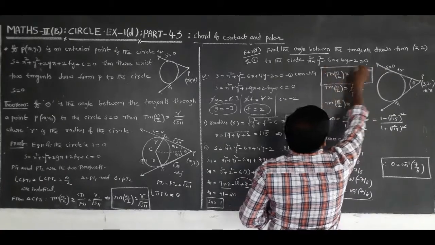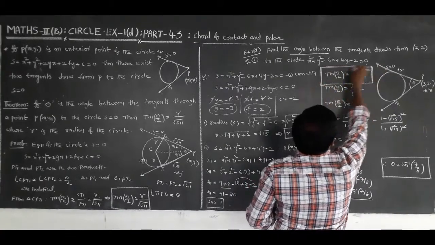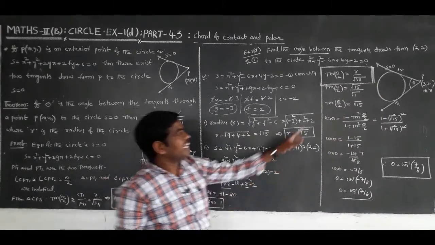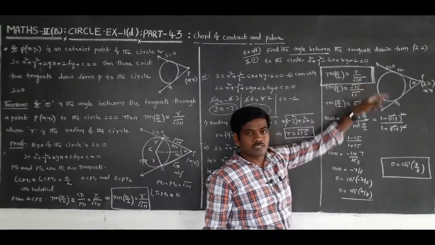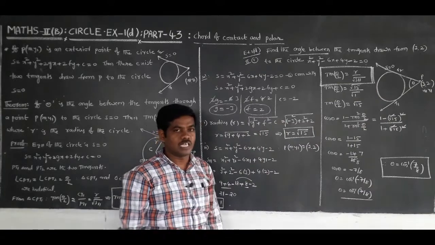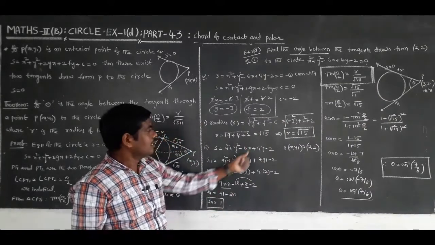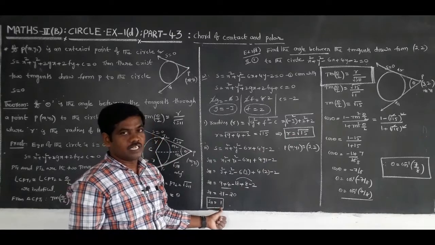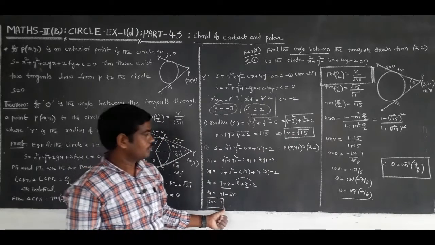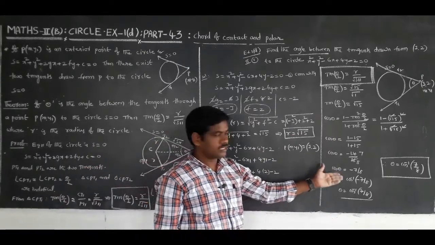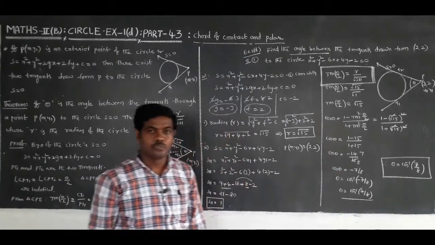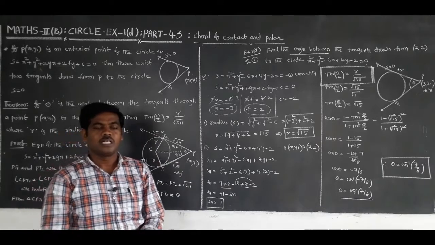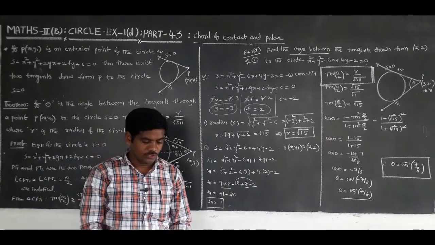Here R is the radius of the circle, and root S11 is the length of the tangent. Find the radius of the circle and find the length of the tangent. This is the angle between the two tangents drawn from the point P to the circle S is equal to 0. Thank you.